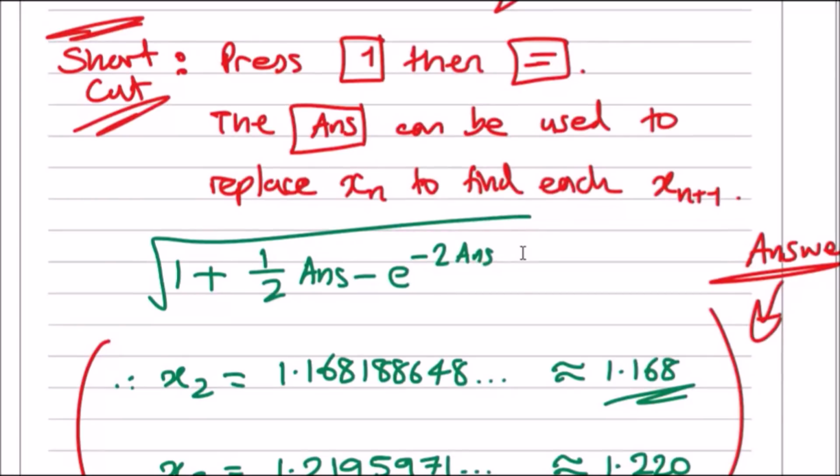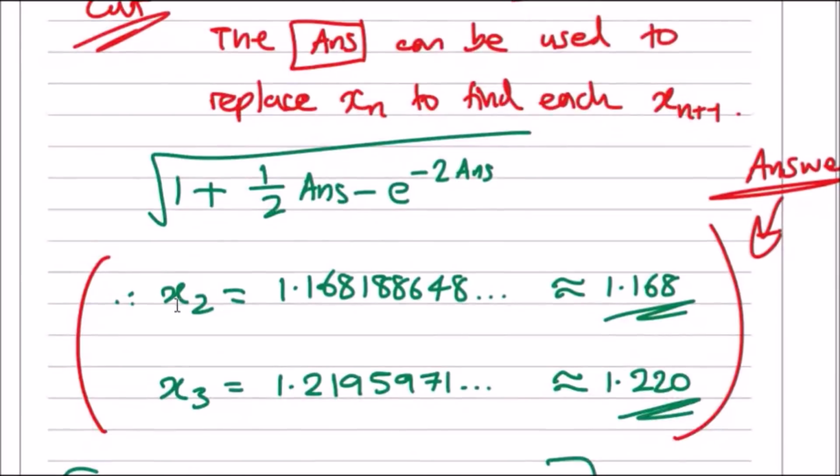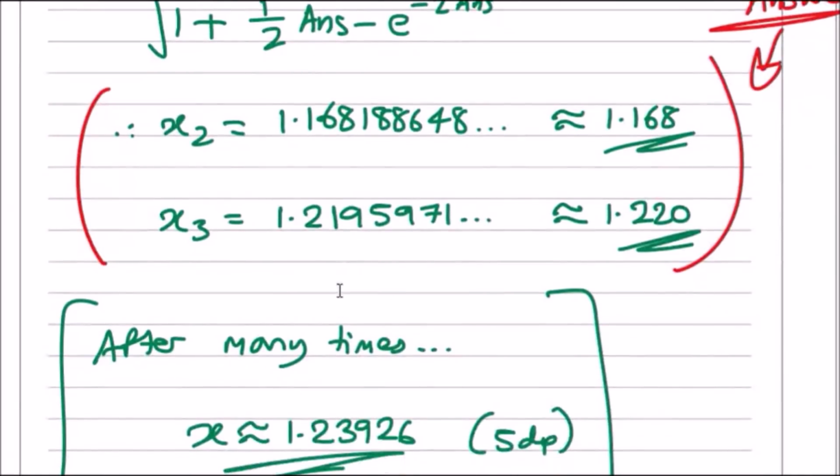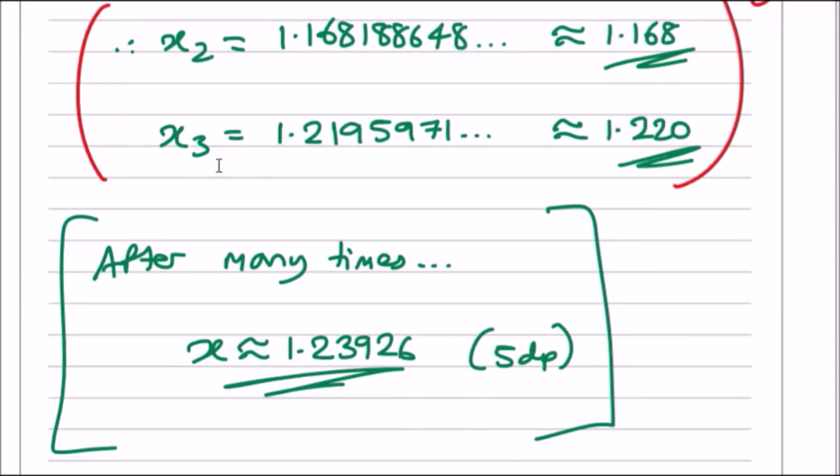Making sure the answer is initially 1, pressing equal the first time will give us the next value, which is 1.168 and so on, rounded to this value. Pressing equal again without touching anything will give us the x3 value. If you keep pressing equal, you're eventually going to get x4 and x5, and so on. You don't have to do this, but if you keep doing this many times, the value will stabilize here. So this will be the true x value, but you don't need that.